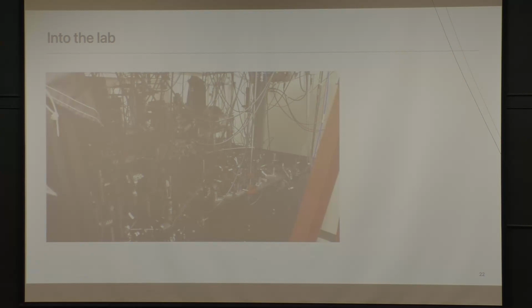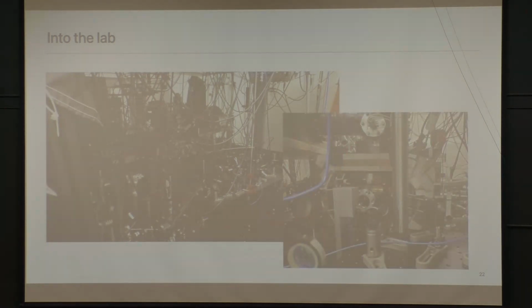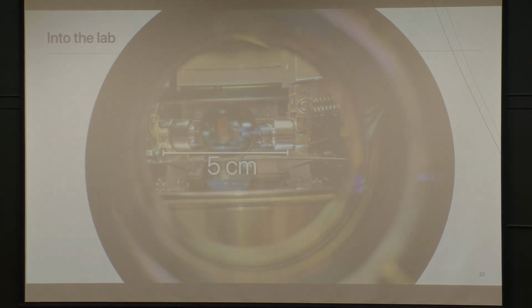Just to take a step back, this is a picture of the experiment I worked on. This is just one of two optics tables. If you zoom in towards the center, there's a vacuum chamber, and if you look inside the vacuum chamber, there are two mirrors spaced 5 centimeters apart.